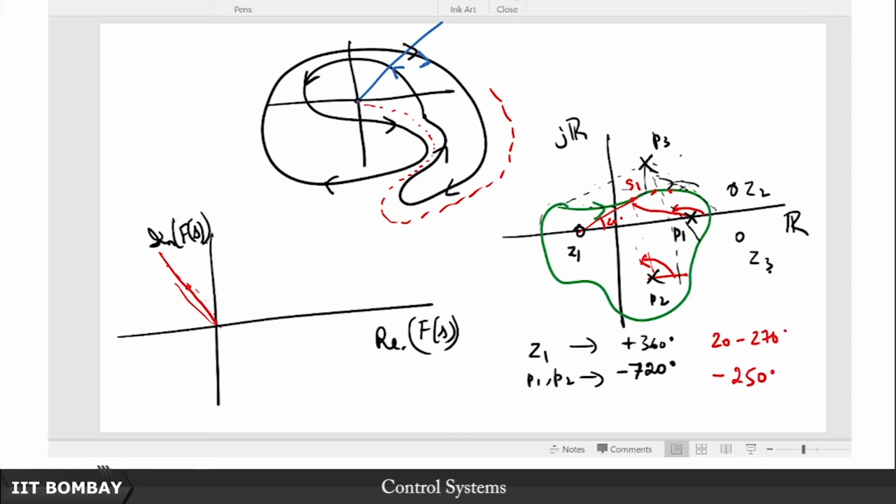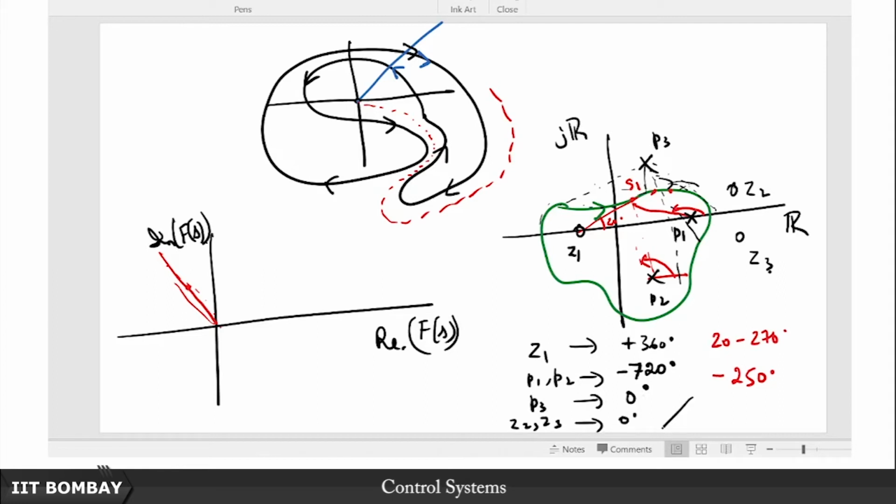So if I plot the phase function of this as this goes across this contour, I'll have some oscillating nature, but it will never really make one full 360 degrees. Same argument holds for Z2 and Z3. So basically P3, its net contribution is 0 degrees because it's outside. Same contribution for Z2 and Z3, it's 0 degrees.